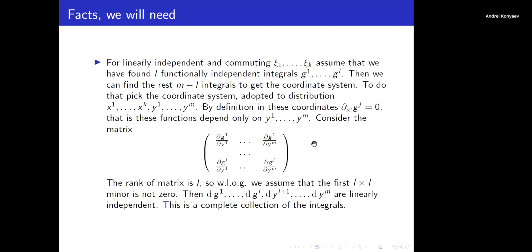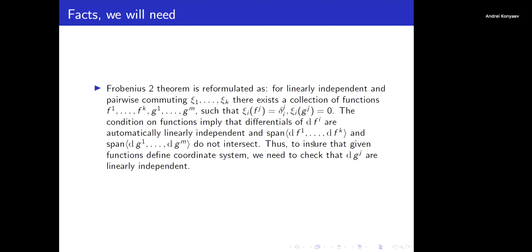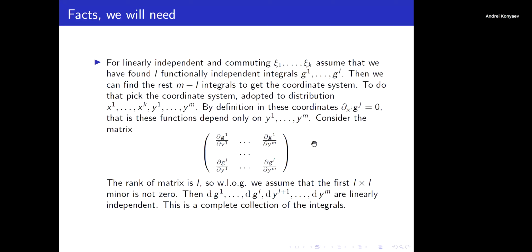The second thing is how we will use it. Okay, for example, we said that you need to choose g, the integrals, but sometimes in our case, we will already have some integrals. Then we ask the question: if we have, let's say, l integrals, where l is smaller than m, can I find more integrals?